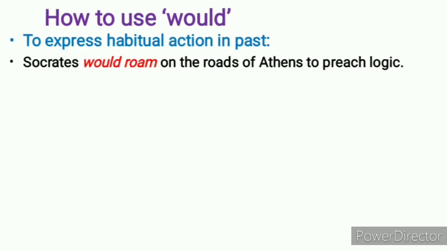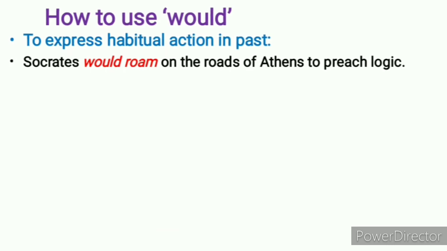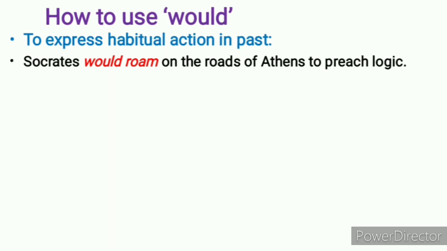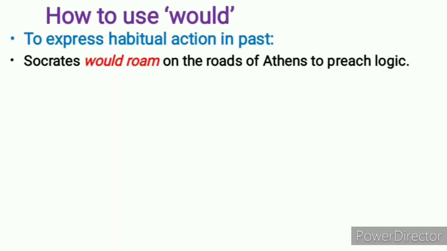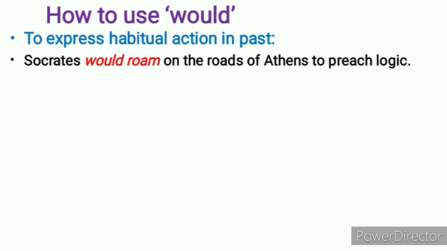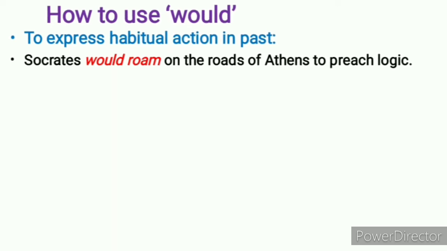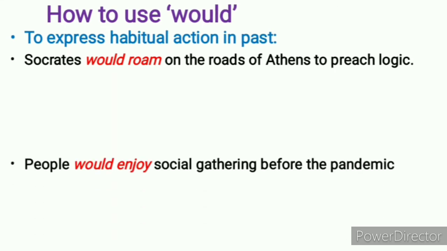For example, Socrates would roam on the roads of Athens to preach logic. लॉजिक तर्कशास्त्राची शिकवण देण्यासाठी अथेन्सच्या रोडवर सॉक्रेटिस भटकत असे. मराठी जर भाषांतर करायचं म्हटलं तर असे, नसे, असावे, ह्या असत ह्या अर्थाने जेव्हा वाक्याचा शेवट होतो, it indicates habitual action in past and we should make the use of would.